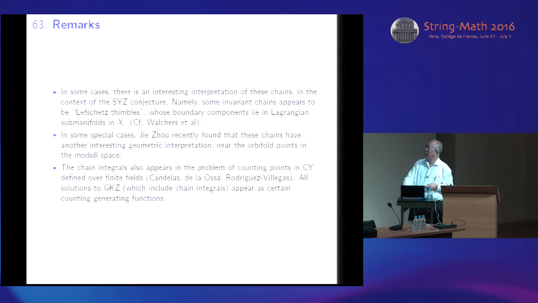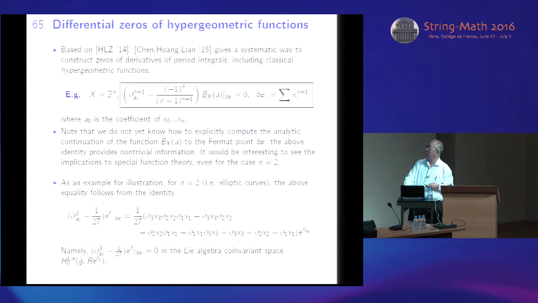And there are applications to other things which I don't have time to talk about. These try to understand and construct the differentiation of period integrals, and they give some interesting consequences that were not known before. So these are interesting developments, and time is up, so I stop here.